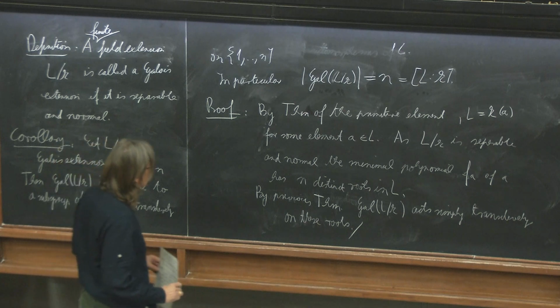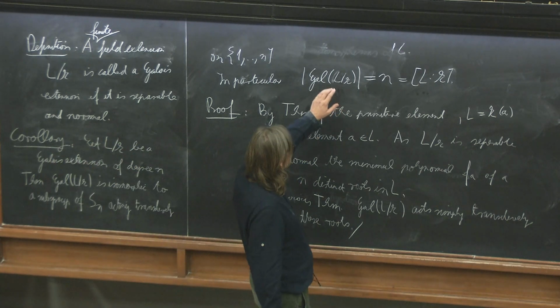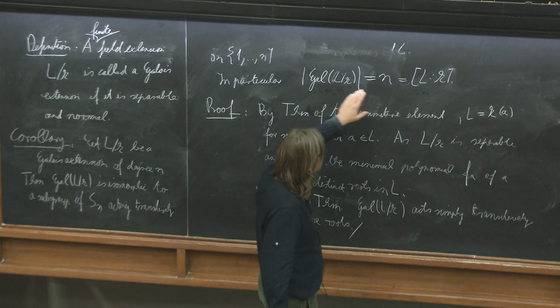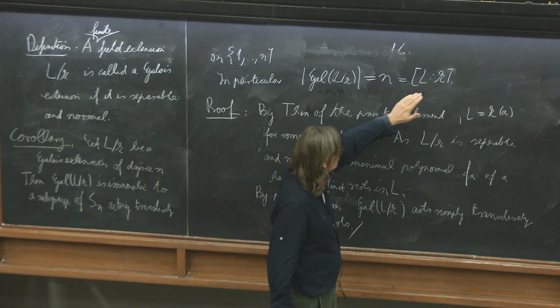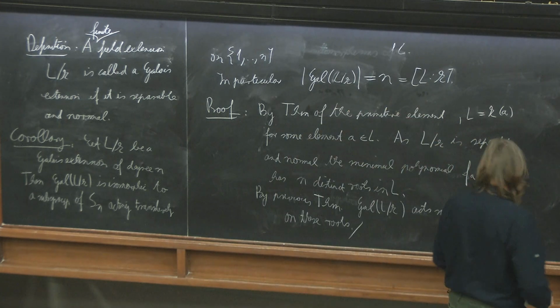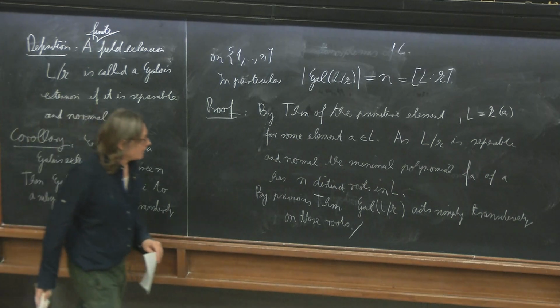Okay, as I said, this is maybe not quite as important, but one quite often just uses this fact that the number of elements in the Galois group for a Galois extension is equal to the degree of the field extension.